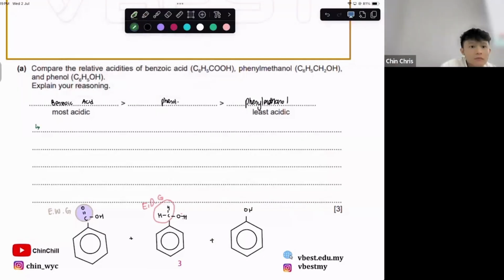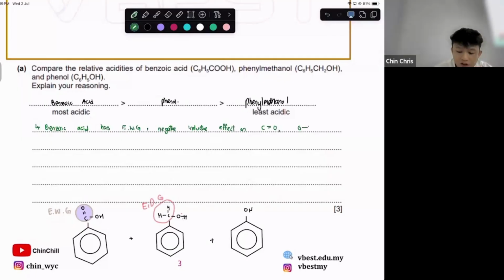So I can say that benzoic acid has what? Electron withdrawing group. Correct. Which means there is a negative inductive effect on the bubble O, right?